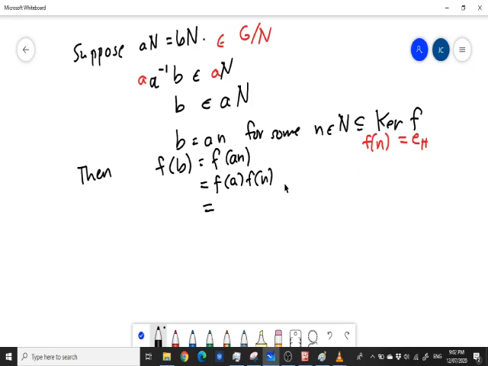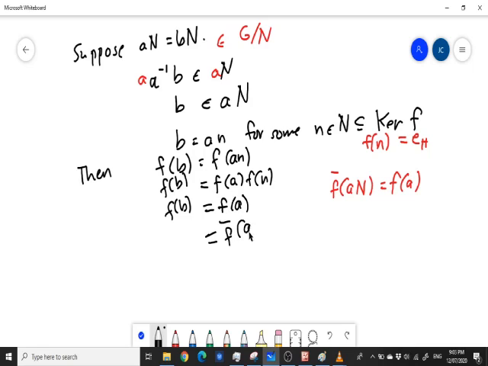But again, f of n is the identity, so just f of a, right? How did we define f bar? So f bar of aN equals the image of a under f. So meaning, let's write everything down. Meaning that f of a is equal to f bar of aN. Same here, f bar of bN.